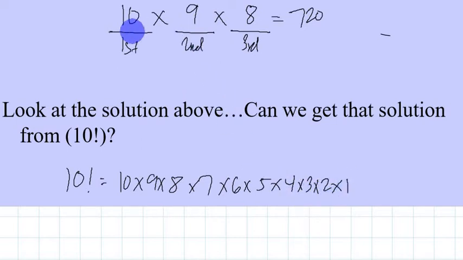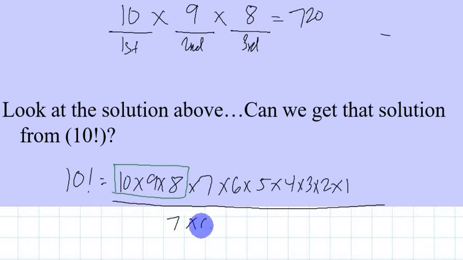But all we need based on the fundamental principle of counting is actually 10 times 9 times 8. So we would need to remove the times 7 times 6 times 5 times 4 times 3 times 2 times 1. To do so, I would need to divide 10 factorial by 7 times 6 times 5 times 4 times 3 times 2 times 1.